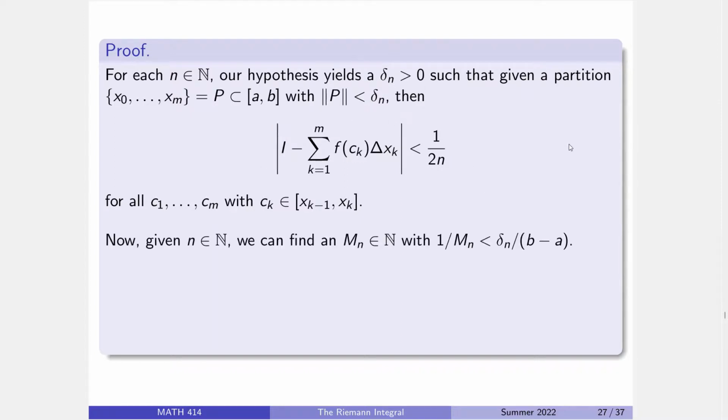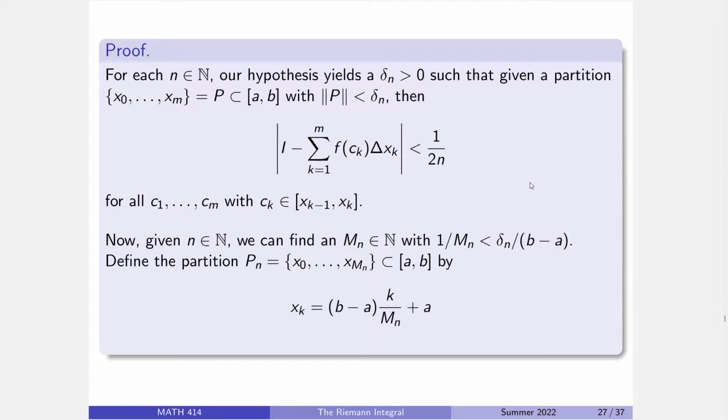Now for each n, since delta is positive and so is b minus a, I can find a natural number capital M sub n such that 1 over capital M sub n is strictly less than it. Then let's create the uniform partition going from 0 to M sub n on the interval [a, b]. Note that it's a little more involved than on an interval from 0 to 1, or indeed any interval that starts with 0, because you're just adding 0, so you don't need to care about it in the notation.